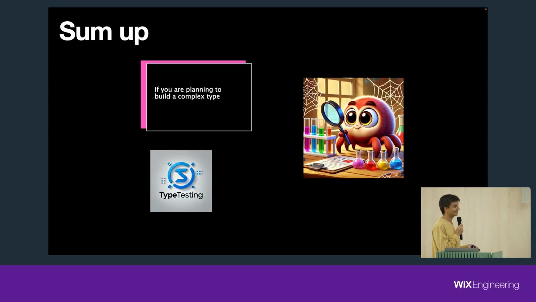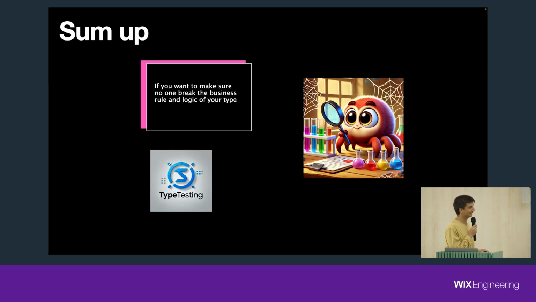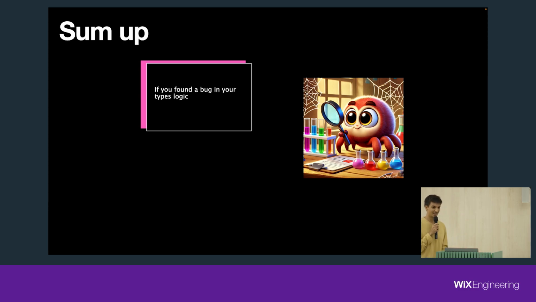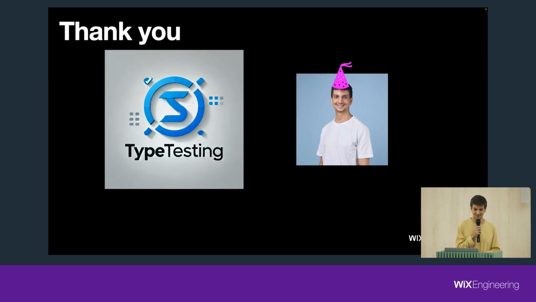Yeah, type testing, exactly. And if you want to make sure that no one breaks the business rules and logic of your types, you need to use, what a great crowd, type testing, okay? And if you found a bug in your types logic, yeah, and if you love TDD and miss it for types, you can use, yes, great. Thank you.